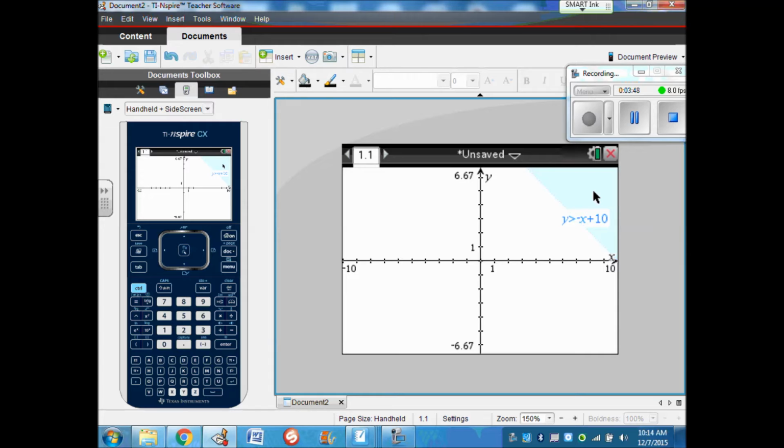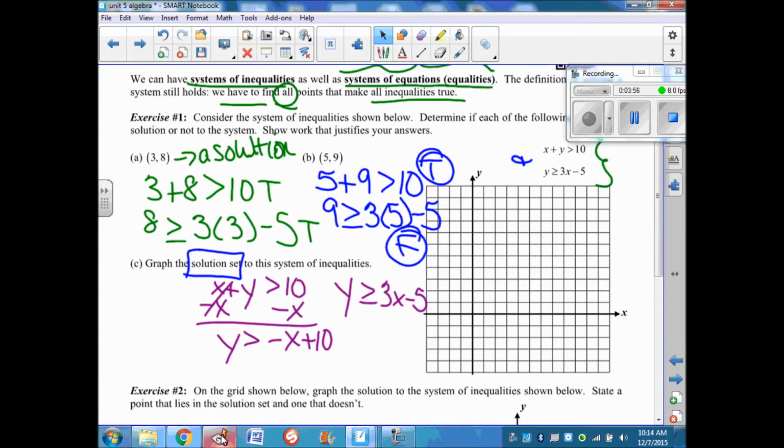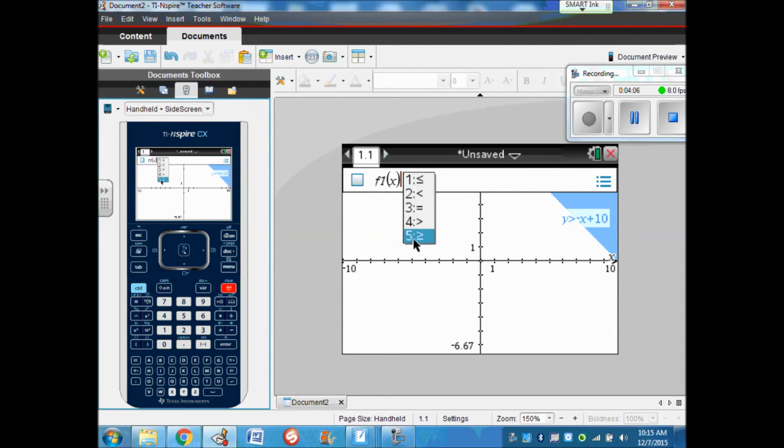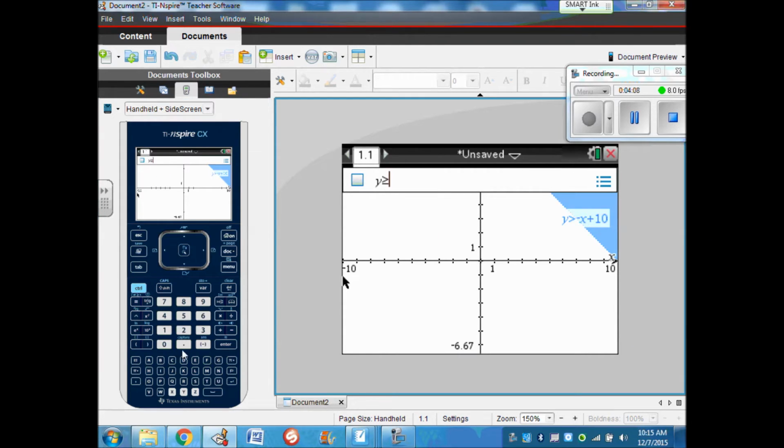So hit Control G to type in that second inequality. Our second one is 3x minus 5, and it's greater than or equal to. So delete, greater than or equal to 3x minus 5.